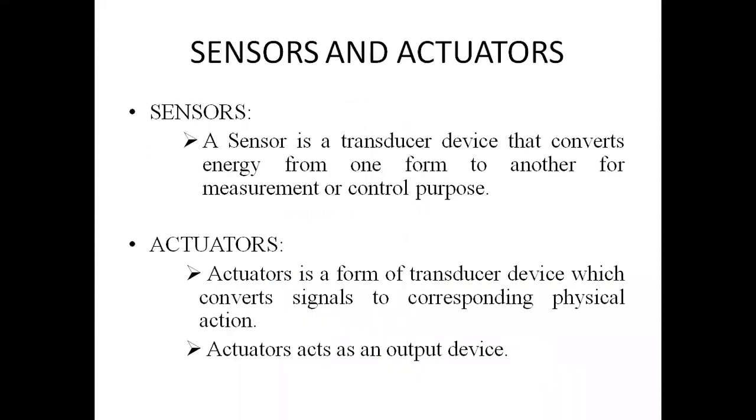First, we're going to see what we mean by a sensor. Before going to sensor, we're going to look at an introduction to the transducer. What do we mean by a transducer? A transducer converts one form of energy into another. For example, temperature is a physical quantity that can be sensed by a device and converted into electrical energy.